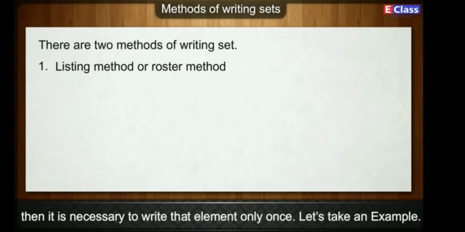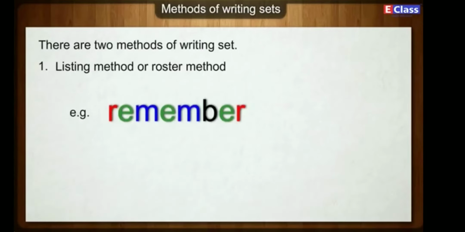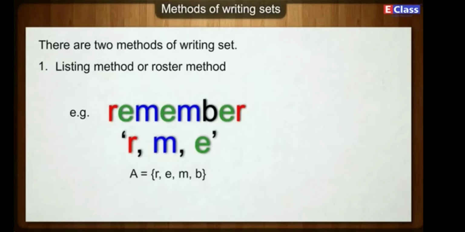Let's take an example. In the word remember, the letters R, M, E are repeated more than once. So, the set of letters of this word is written as A = {R, E, M, B}.